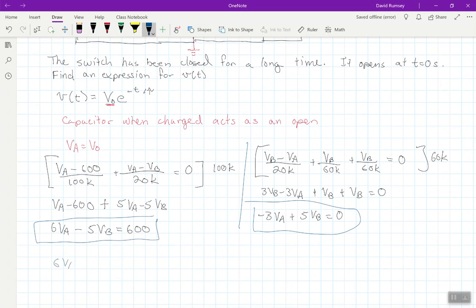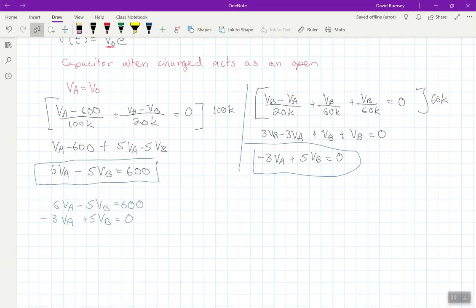If I write them like this and add those two together, I wind up with just 3 VA is equal to 600. So VA is equal to 200 volts. I don't really need VB. So my initial voltage is 200 volts.